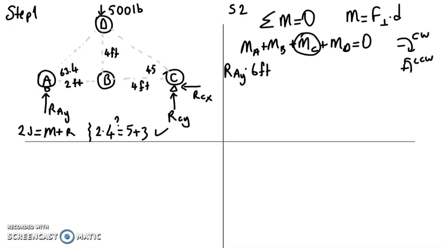Since it tries to rotate clockwise, this part will be negative. Is there any force right here on point B? There is no force, that's why it's going to be 0. Is there any moment on point C? There are forces, yes, but since the force is exactly on point C, the distance will be equal to 0. That's why force times distance, this part will be 0.